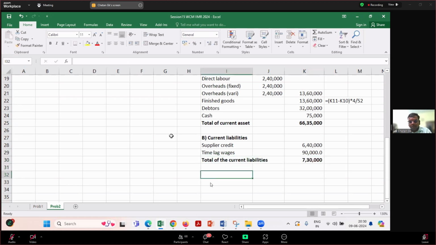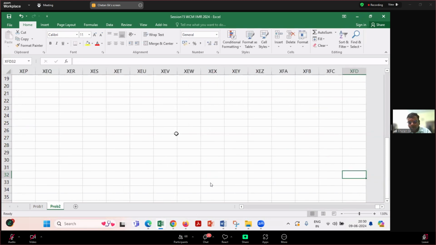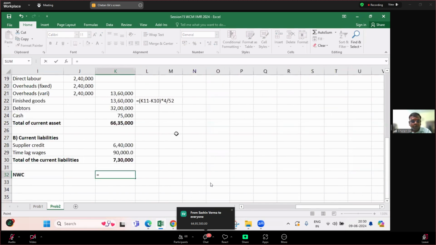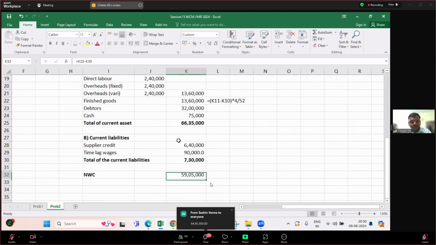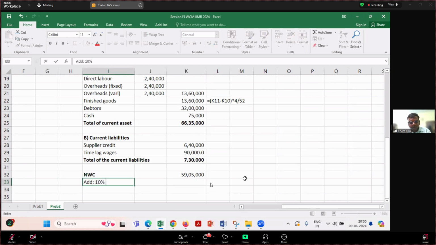Next is NWC, which is equal to current assets minus current liabilities, and add 10% for contingencies. So this is the grand total.